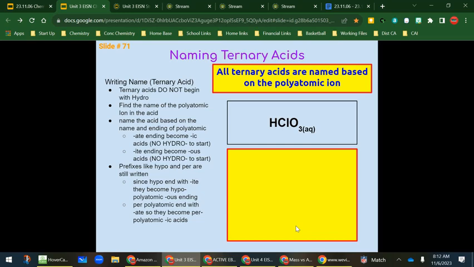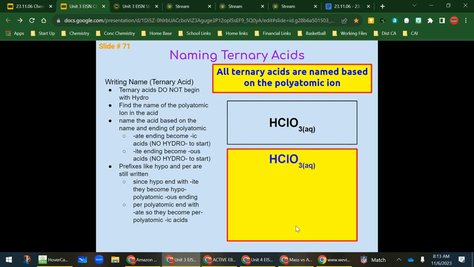What must the polyatomic end in to become an acid? ATE. So the ones that end in IDE, we're not going to worry about them ever becoming acids because we have no way to name it with this system. So hydroxide cannot become an acid. Cyanide cannot become an acid. Our system involves ones that end in ATE or ITE.